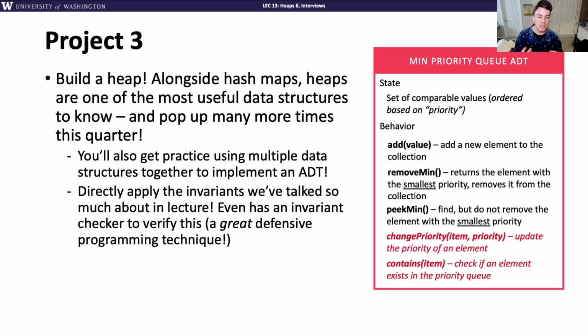One thing I'll also mention is that we've been highlighting this point of invariants. Invariants are so important. And to make this point even closer to home in terms of your project, we're going to give you what we call an invariant checker. Some of our tests are going to check the state of your object and make sure that the invariants we set up hold. This is a very good idea for what we call defensive programming.